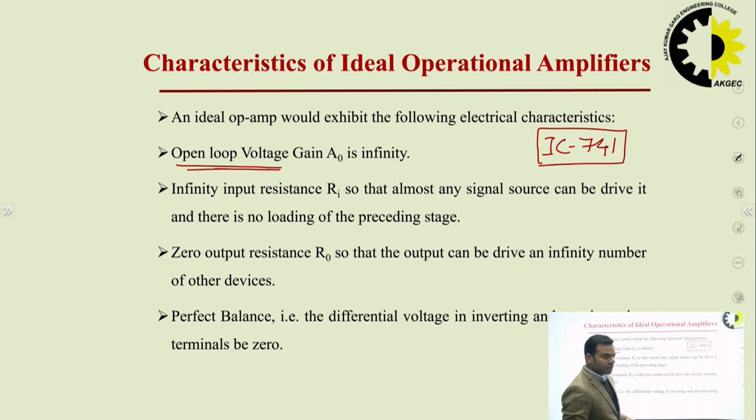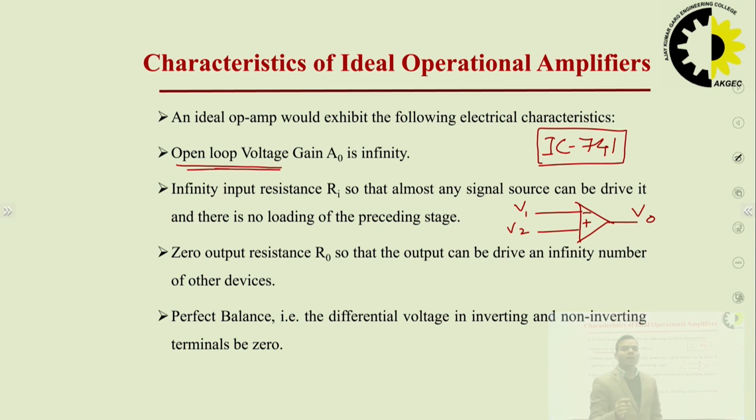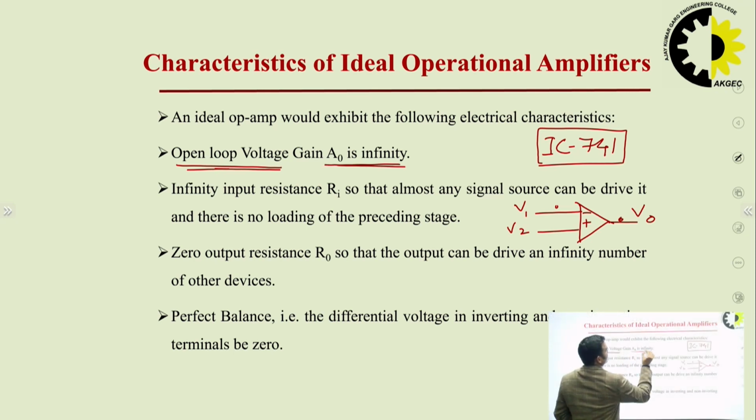First thing is the open loop voltage gain. Open loop voltage gain means, earlier we have seen the circuit of operational amplifier. If the operational amplifier is like this, this will come under open loop. That means there is no connection between output and input. In this case, ideally gain will be infinity.